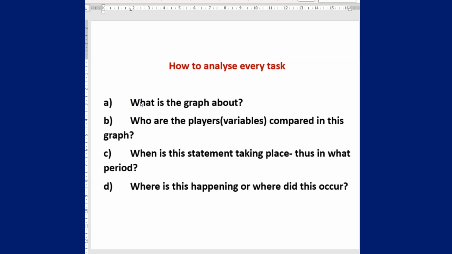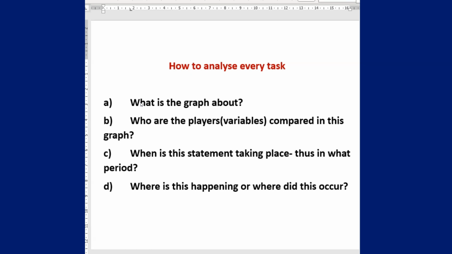What is this graph talking about? Now you have known that it's a bar graph, but what is the bar graph talking about? You need to know who the players or the variables being compared in this particular graph are, what is being compared.